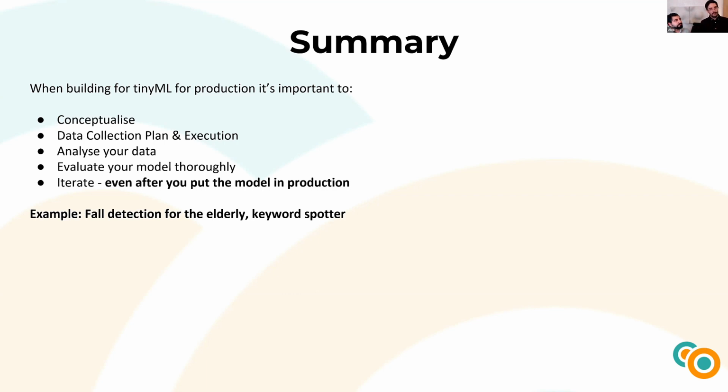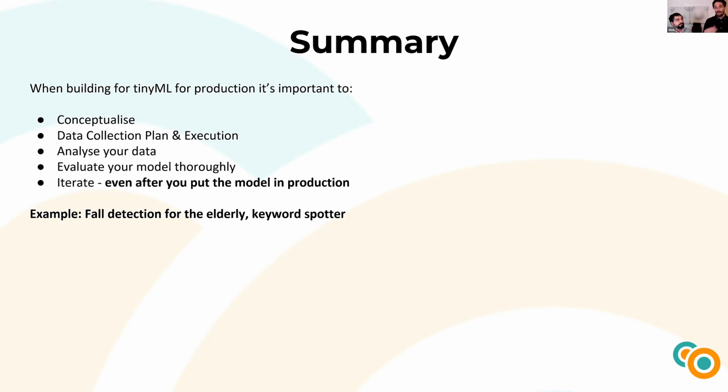And then you should use your platform, regardless of what platform you're using, to evaluate your models thoroughly, understand how they behave, and understand what data they get wrong. That will then lead you to your next steps. Is this bad data that should be removed, or is it pointing me in a direction where I need more of this kind of data in order to make my model more robust?